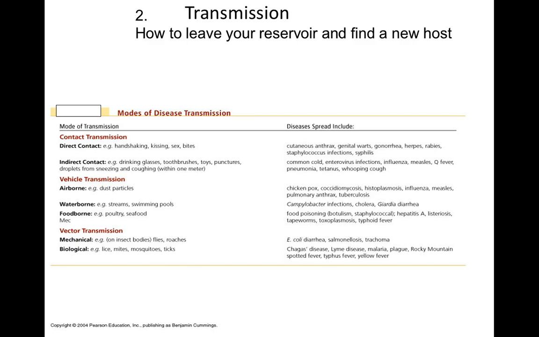And then sometimes what's included is a third type of contact transmission, which in this table is included in indirect contact, and is what's called droplet transmission. So this is when we would sneeze or cough. Even sometimes when we're talking, it's embarrassing, I notice sometimes when I'm talking, droplets of spit are flying out of my mouth, right? So if I had some pathogen present, those droplets would be infectious.